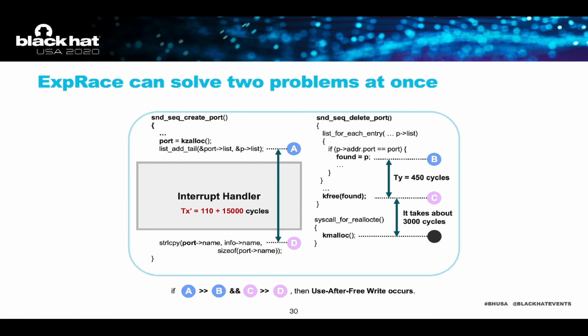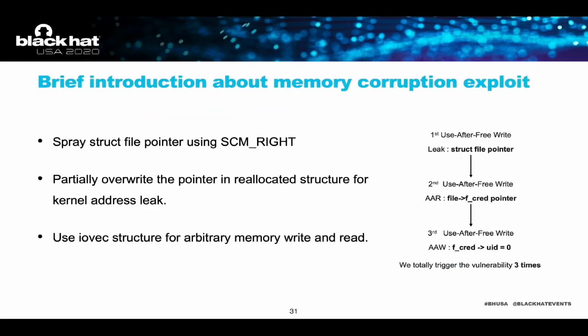As I mentioned earlier, the time window is extended by at least 15,000 cycles due to EXP-Lace. So if the interrupt is received at the correct timing, the vulnerability will modify memory that should not be modified.